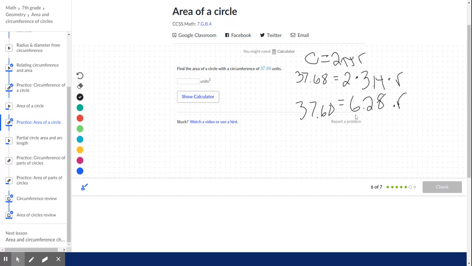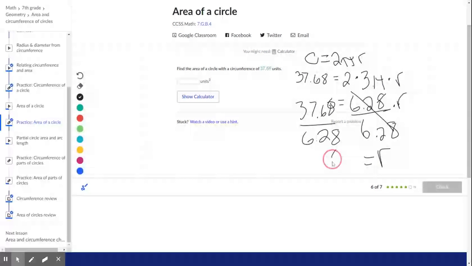I need to get the r by itself, so I am going to do the opposite of multiplication, which is to divide both sides by 6.28. Those cancel out and I'm left with r on this side. I know that 6.28 times about 6 most likely would get me this.